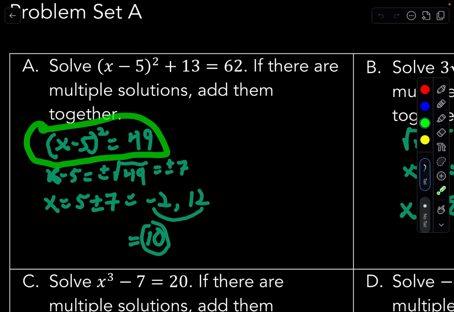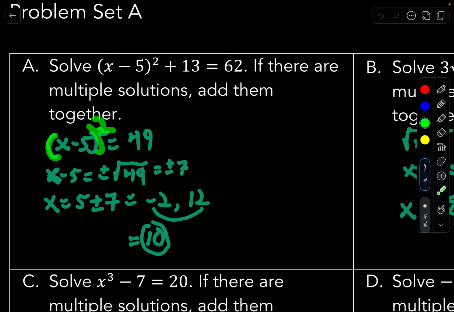62 minus 13 is 49. Now that's something squared, kind of like w squared equals 49. To solve that, we take the square root, which I show here. So the square root of x minus 5 squared, the square root undoes the squaring.